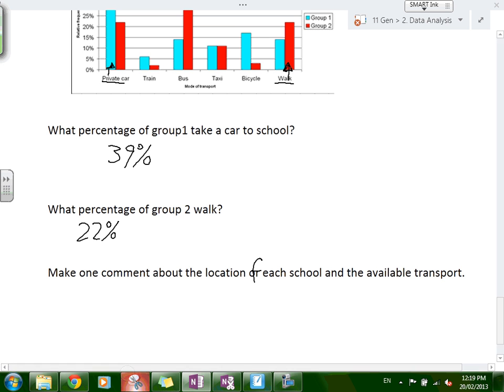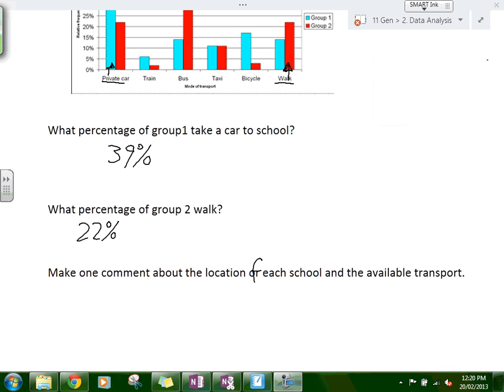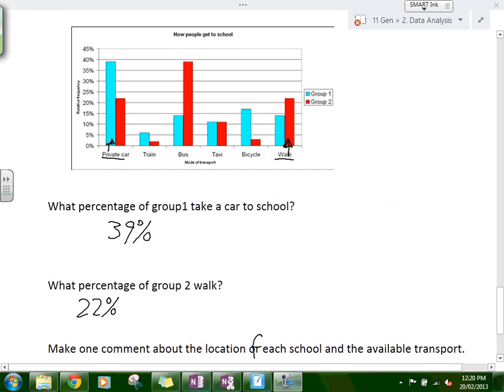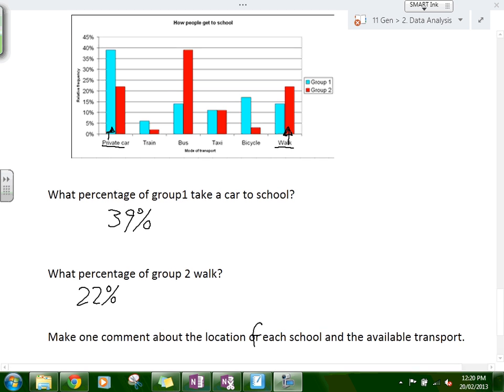Looking at this graph, make a comment about the transport and the location of the school. Yeah? So more people have to drive. Yeah, good. So something like that is good.